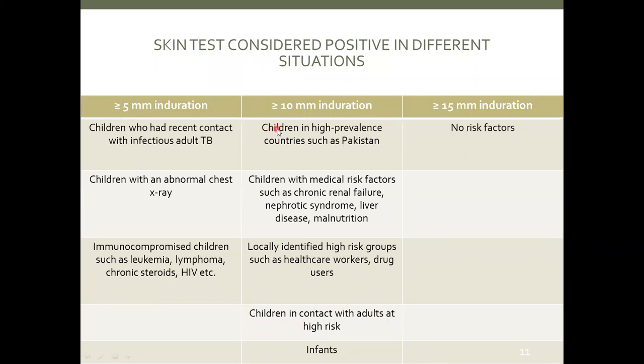But in Pakistan, if the patient does not have any other high risk factors but has signs and symptoms and is living in Pakistan, then more than 10 mm is considered positive. Similarly, there are other important conditions in which we consider 10 mm as a positive Mantoux test. However, if there is no risk factor and it is more than 15 mm, then this is also considered significant.